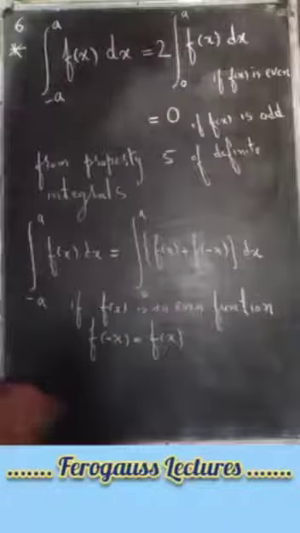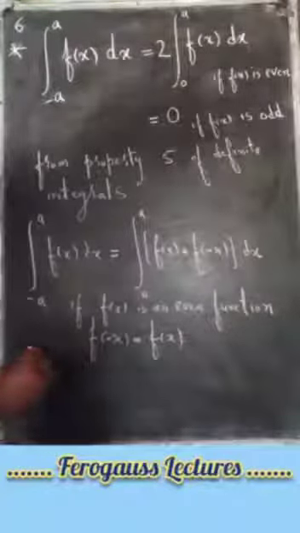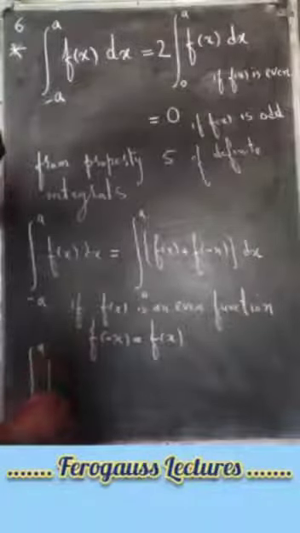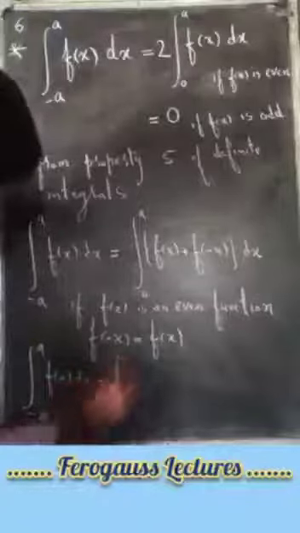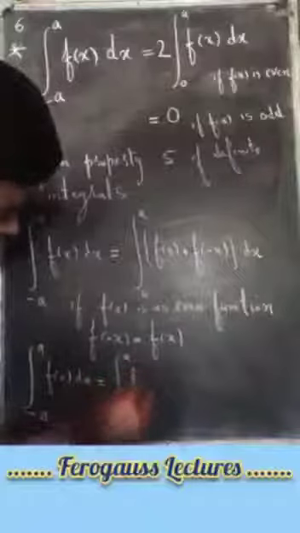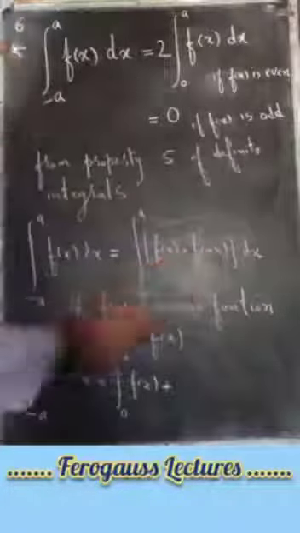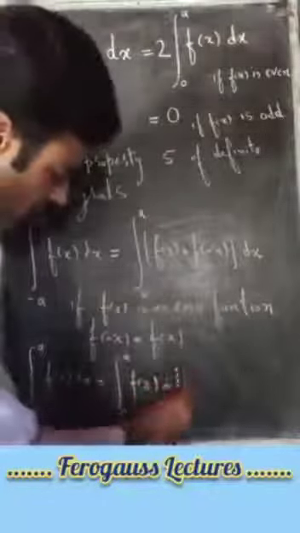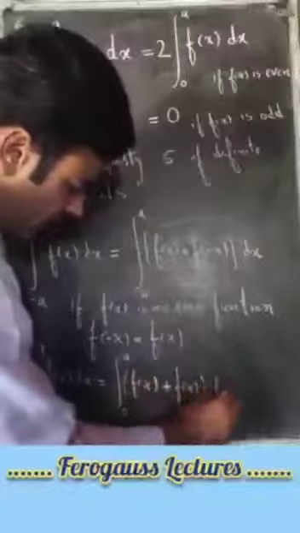Now, thus the integral from minus a to a of f(x) dx is equal to the integral from 0 to a of f(x) plus, now instead of f of minus x we can write f of x if f(x) is an even function, so it is f of x dx.